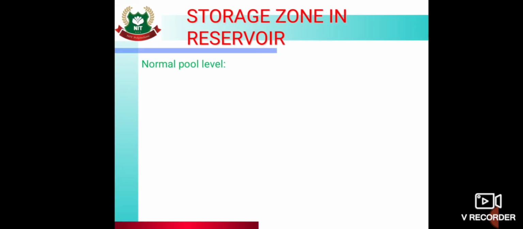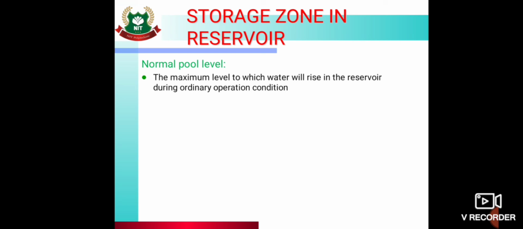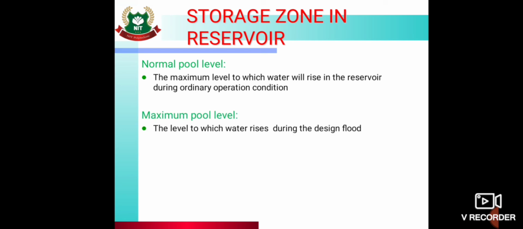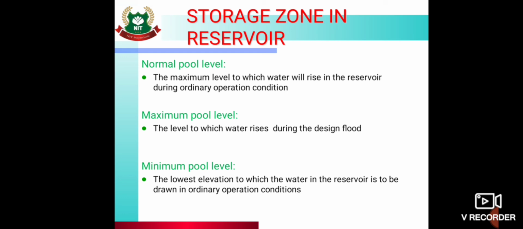Normal pool level: the maximum level to which water will rise in the reservoir during ordinary operation conditions. So that is called normal pool level. Then maximum pool level: the level to which water rises during the design flood. Then minimum pool level: the lowest elevation to which the water in the reservoir is to be drawn in ordinary operation conditions.